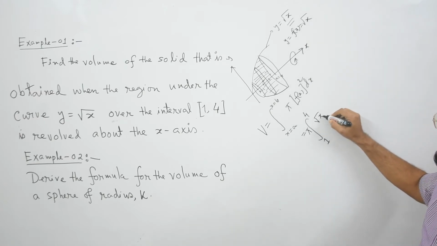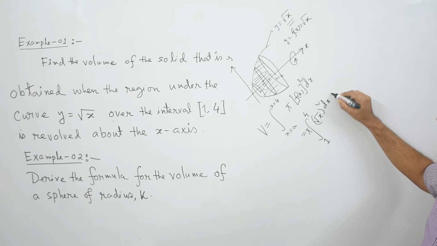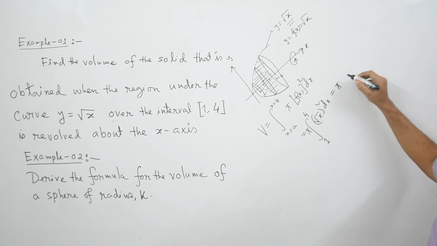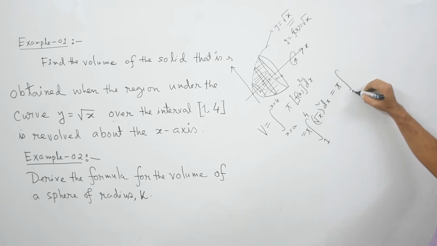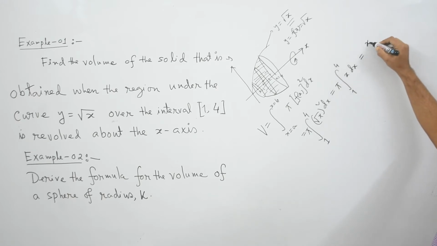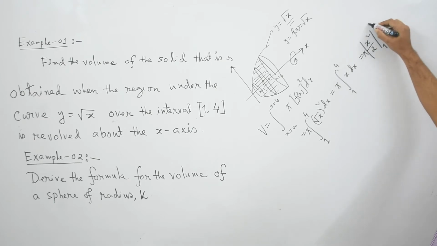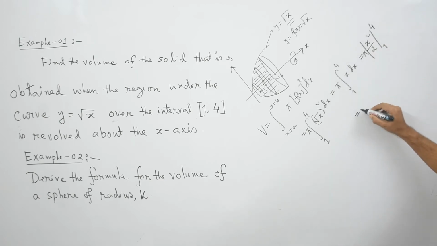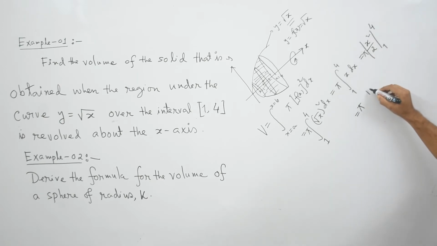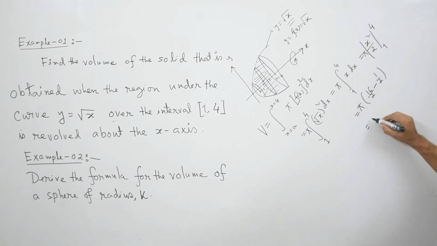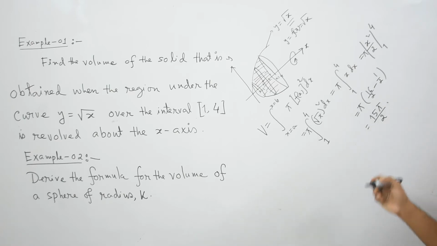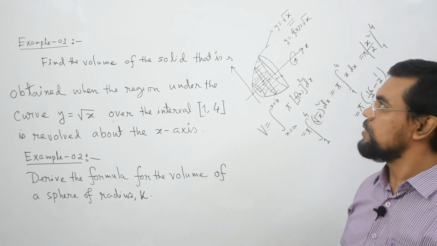So root x square dx, and this equals pi times integration from 1 to 4 of x dx, and this equals x square by 2. If you put the limits, you will get 16 by 2 minus 1 by 2, which is equal to 15 pi by 2. So 15 pi by 2 is the volume of this solid material.